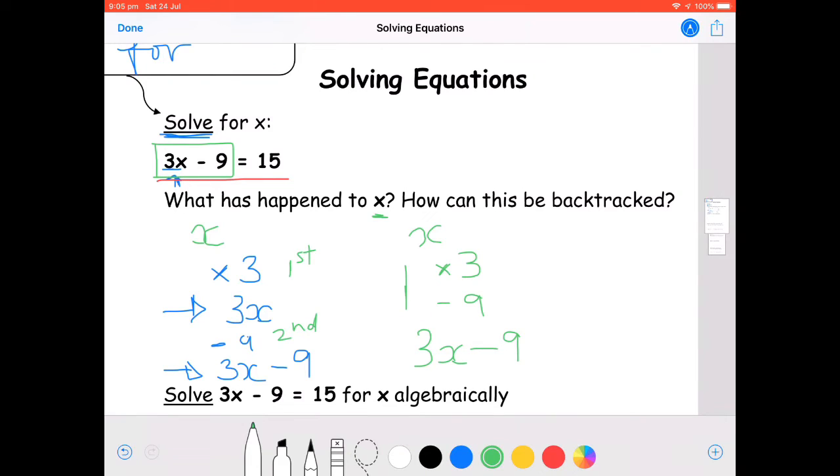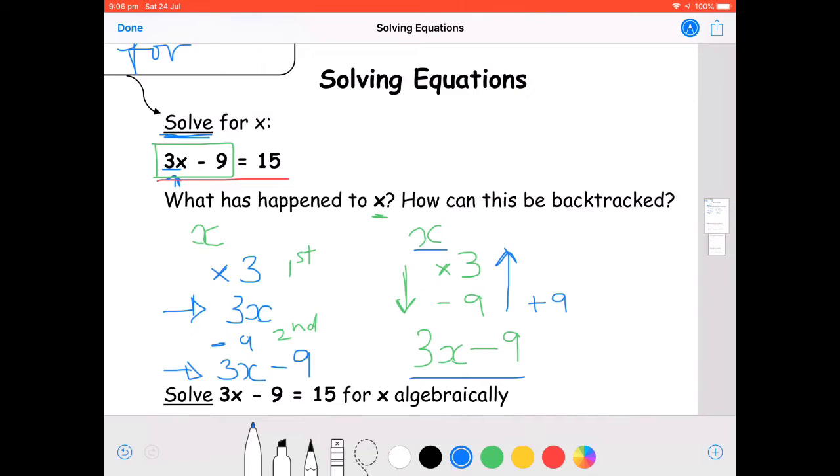So we're working this way. Now if we want to get from 3x minus 9 back to x, we can just work backwards and do the opposite. If we minus 9 second, then in order to reverse that, we can just add 9.